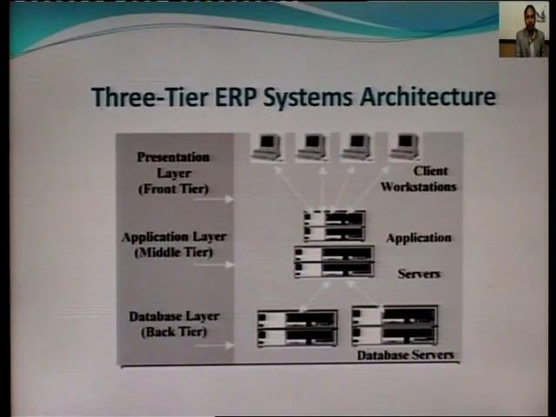And the topmost layer includes client computers, and this layer is called the presentation layer, or it is also called the front tier. All the data will be stored in database servers, and the front end will be provided by the application servers. This is the main architecture of an ERP system.